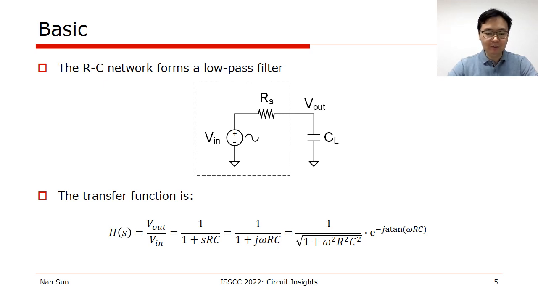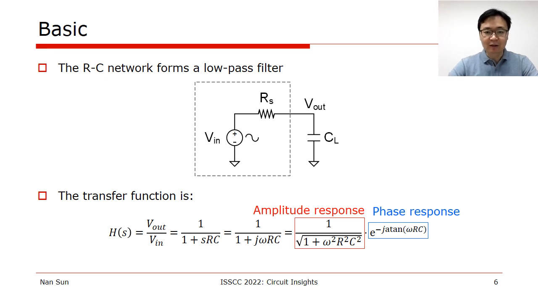The Laplace transform and the transfer functions are powerful tools for analyzing the frequency behavior of circuits. The RC network, composed of source impedance and load impedance, forms a low-pass filter. We can get the transfer function to describe the frequency response of this circuit from input to output. The frequency response can be separated into amplitude response and phase response.